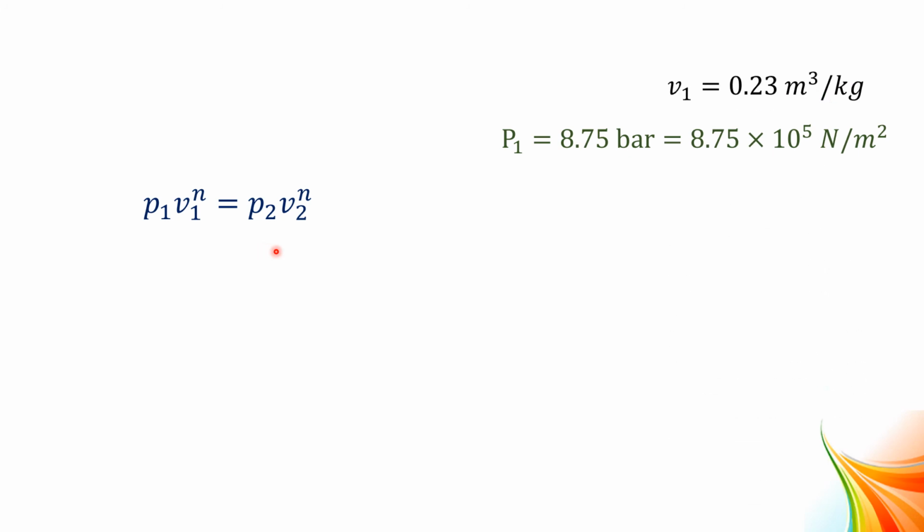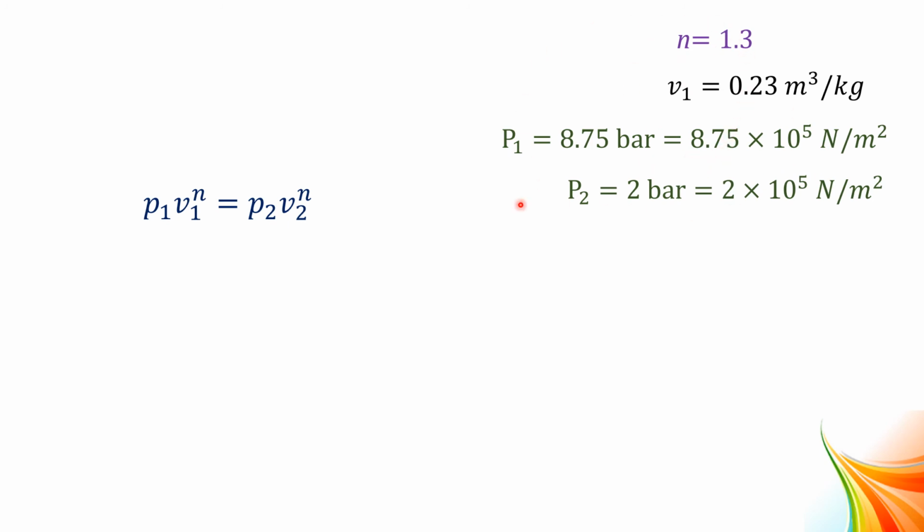Now we have to find out the specific volume of steam at the exit of the nozzle when the flow is metastable by using this PV relationship. So P1 V1 power n equal to P2 V2 power n. So we know the P1 and P2 values are given in the problem, and n value is 1.3 if the flow is metastable. V1 we have obtained from the Mollier diagram.